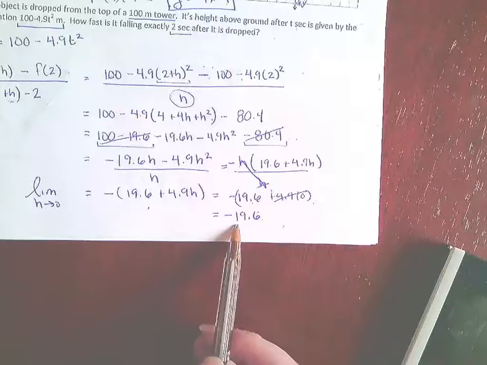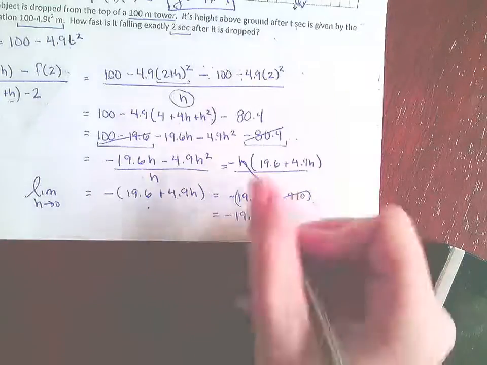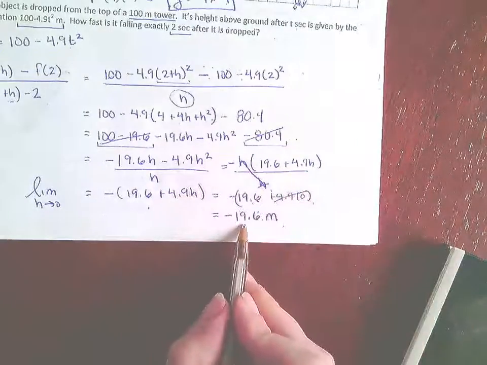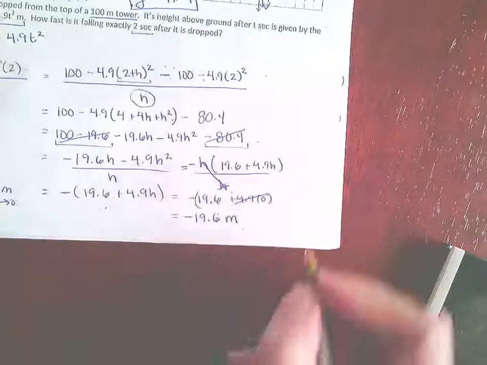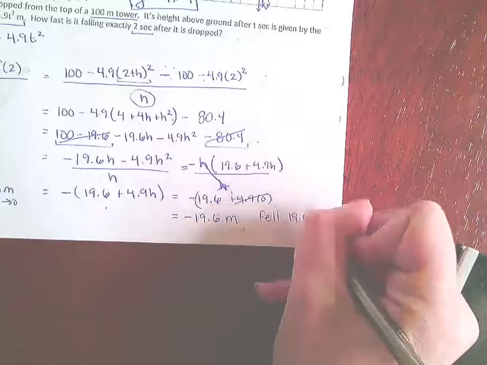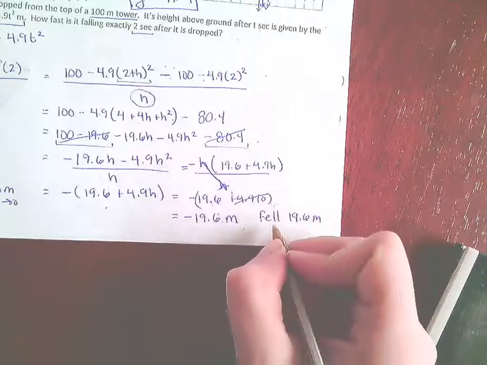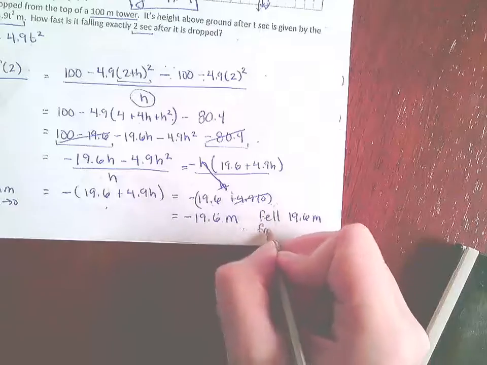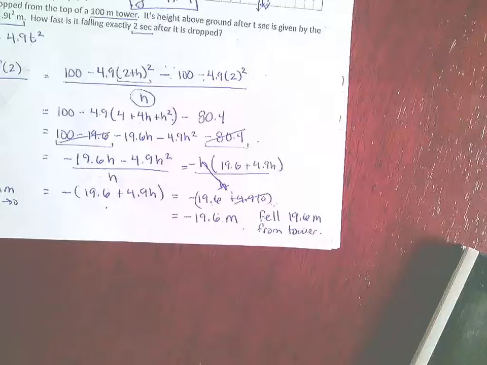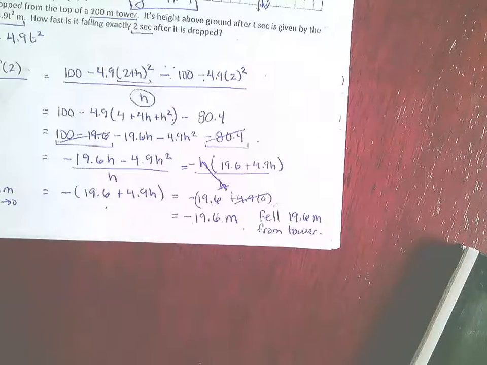Now the reason it turns out to be negative is because the ball is going down, so you wouldn't say that it went negative 19.6 meters, you would say the object fell 19.6 meters from the tower. So that's why it was a negative. Because if it was positive, that means you're throwing the ball upwards.